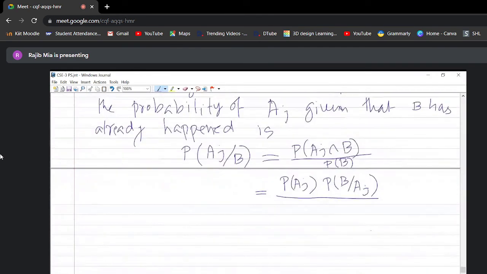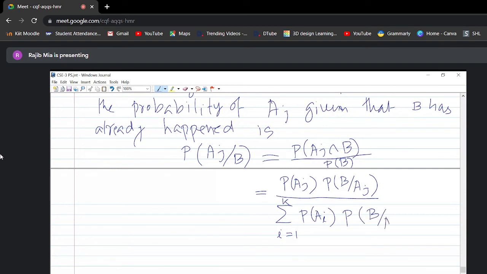So for the K events A1, A2 up to AK, which are mutually exclusive and exhaustive, and B an event in the sample space, probability of AJ by B equals probability of AJ into probability of B by AJ, divided by summation of I equals 1 to K of probability of AI into probability of B by AI.